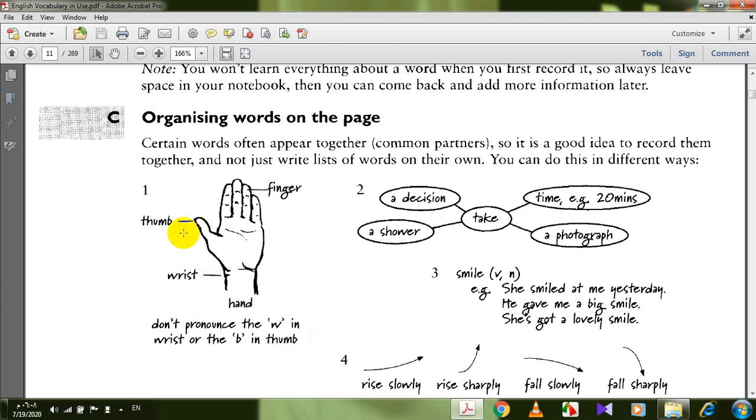After the M, if we have B, the B is not pronounced. But if it is P, we can pronounce it. It is pronounced, okay? Like lamb.